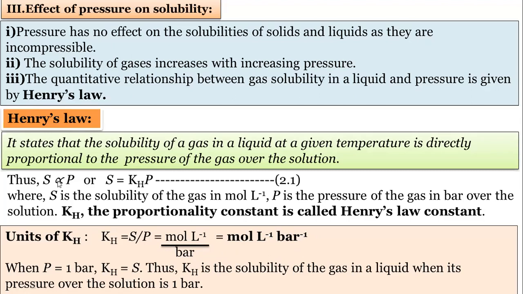S is proportional to P. When the pressure is 1 bar, when P is equal to 1, KH is equal to S. So KH is the solubility of the gas in liquid when its pressure over the solution is 1 bar. Means this solubility is equal to the constant when this P is 1.